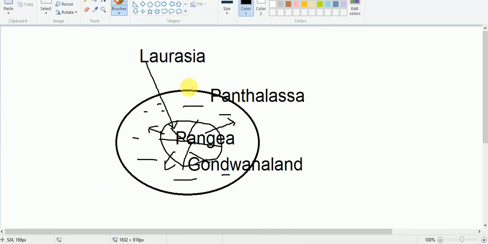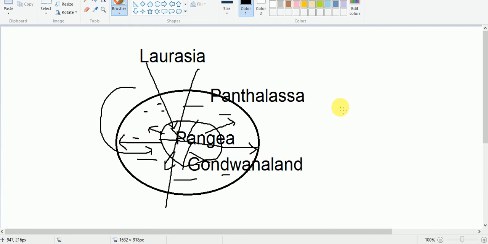Here we have the Earth, and this is the axis, and the Earth is rotating from west to east, and because of this rotation on its own axis, it bulges at the equator. In this way it bulges at the equator. This is according to Alfred Wegener.